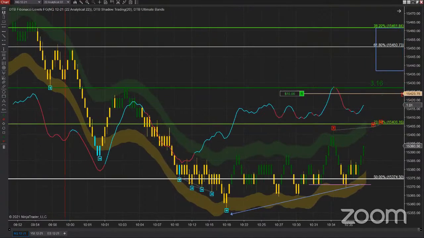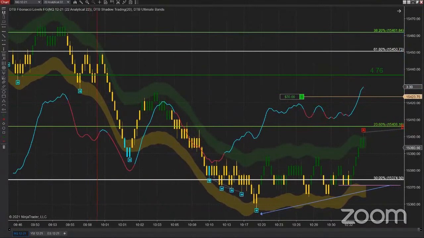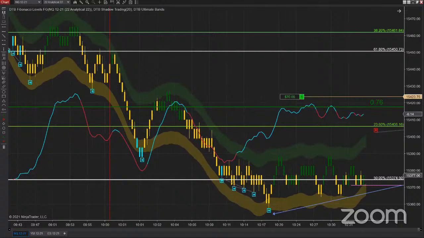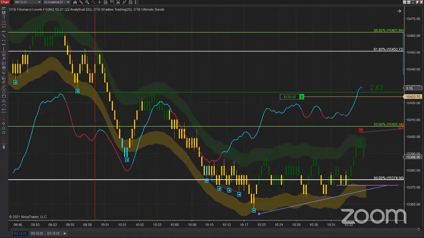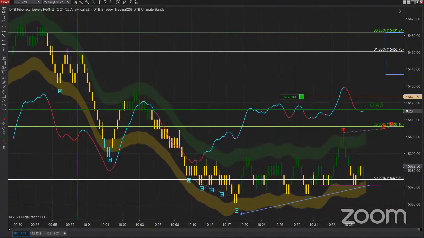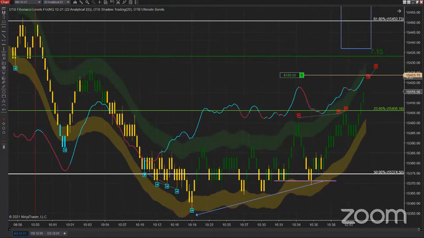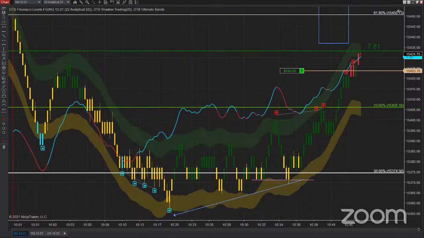So that's the cool thing: you can scroll back on a chart to see where the momentum line was, and exactly where you saw it in history is where it is in real time. And as you can see, it's moving, and it's now coming right with the price.